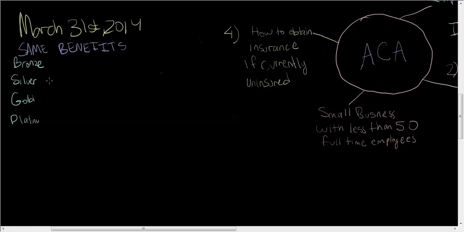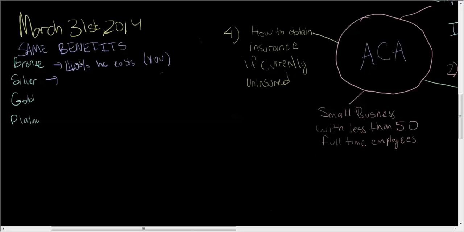for these plans. So with a bronze plan, on average, you will pay 40% of healthcare costs, and your insurance company will pay the other 60%.